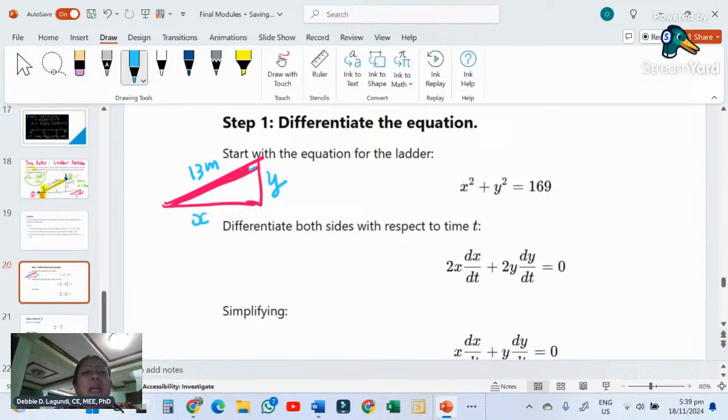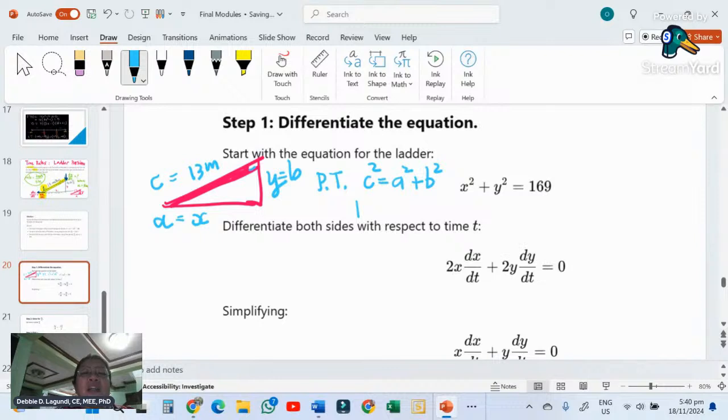Now we have the Pythagorean theorem, so that we can express X in terms of Y. If this is C, this is A, and this is B, the Pythagorean theorem says C squared is equal to A squared plus B squared. The sum of the squares of the two sides is equal to the square of the hypotenuse.